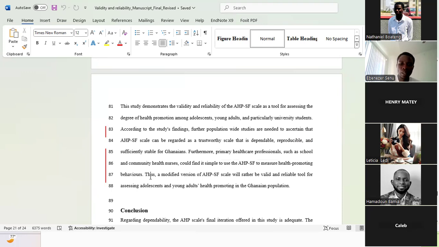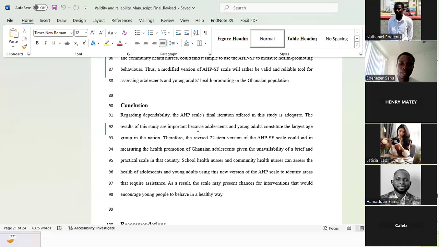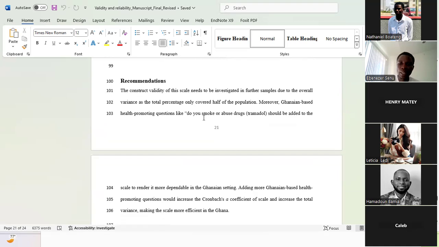Then before we come to the conclusion, what is the main conclusion? And what is the recommendation? What are we recommending? Here, the recommendation is based on the objective. So the construct validity of this scale needs to be investigated in further samples due to the overall variance of the total items. More Ghanaian-based health promotion items, like 'do you smoke' and the rest, should be included in the scale, because this questionnaire was developed somewhere else and we don't have some of the Ghanaian-related items.